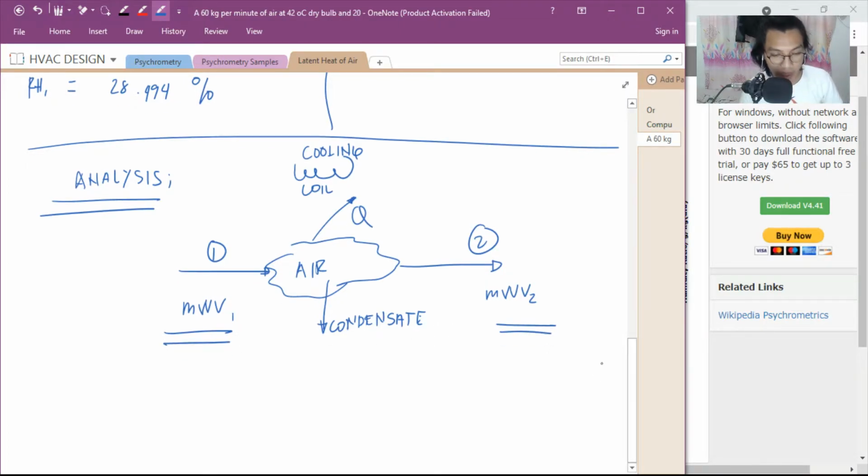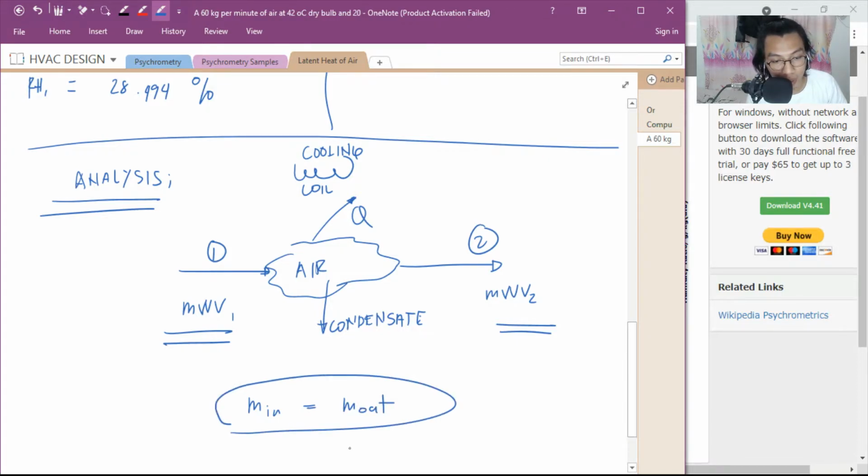Now, by material balance, mass can never be created nor destroyed. The mass is constant throughout the system. So, mass in is equal to mass out. This is our general rule, or general law.